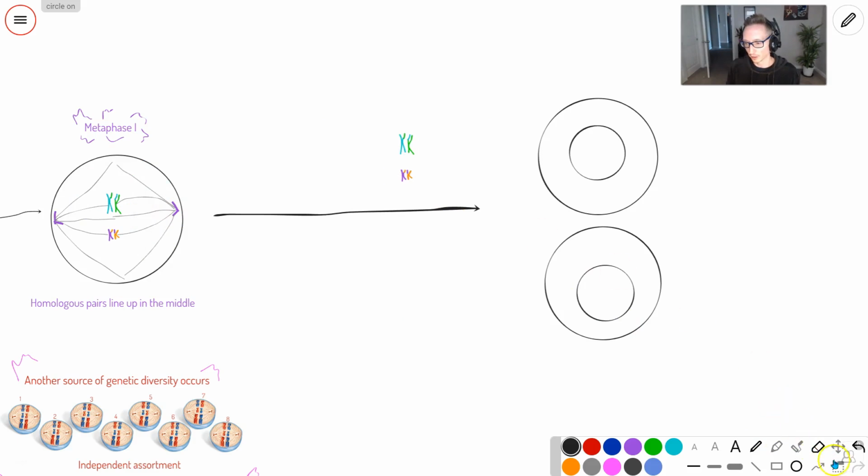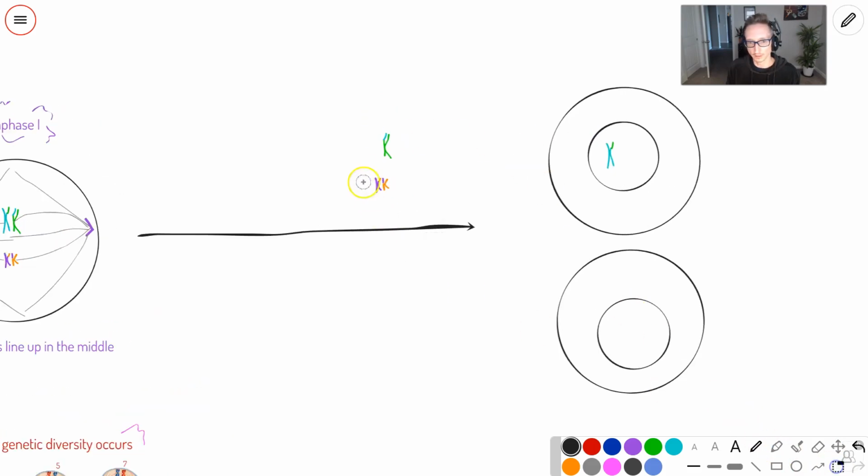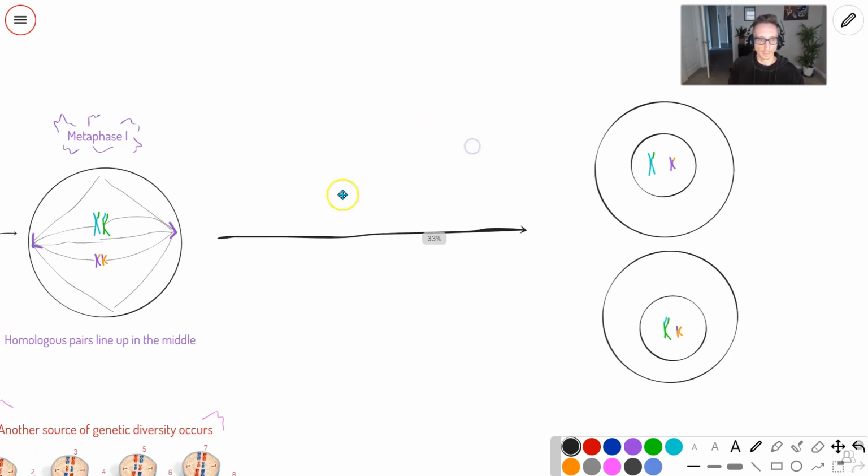To speed this up for you guys: these two are going to be together, so that guy's going to go there, and this guy's going to follow it. Then these two are going to go down here, because the big green is going to be with the orange.